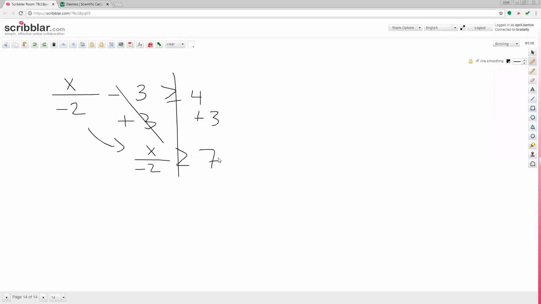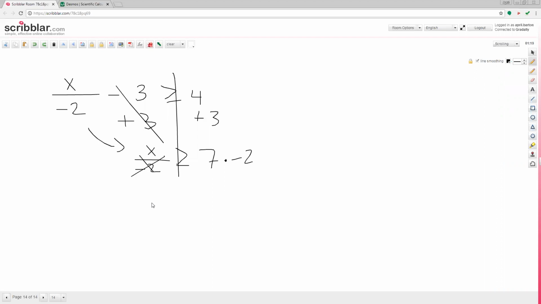What do we do? Times it. Is it 7? Oh, 7 times -2? Mm-hmm. And when we do that opposite, it gets rid of the -2 underneath the x there. This is one of the times where it's just not great to write it on both sides because it makes it look really confusing. -14.